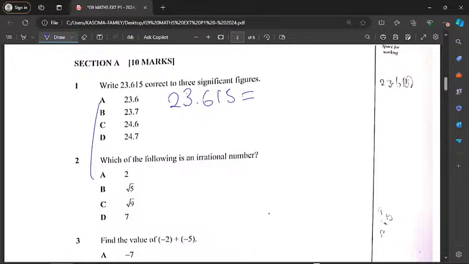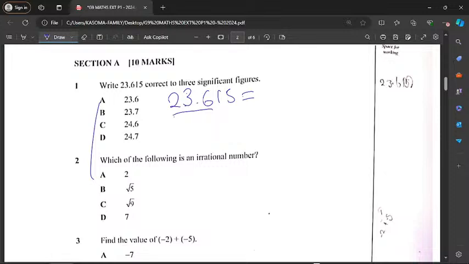So that means definitely we can count the significant figures. We know that 23.6, these are significant figures because they are non-zeros. So 23.6 will be written.